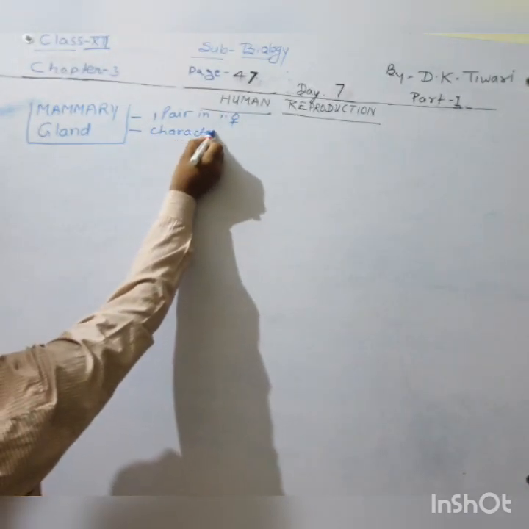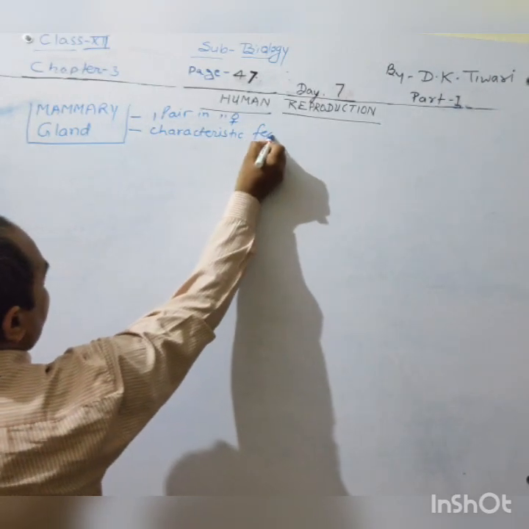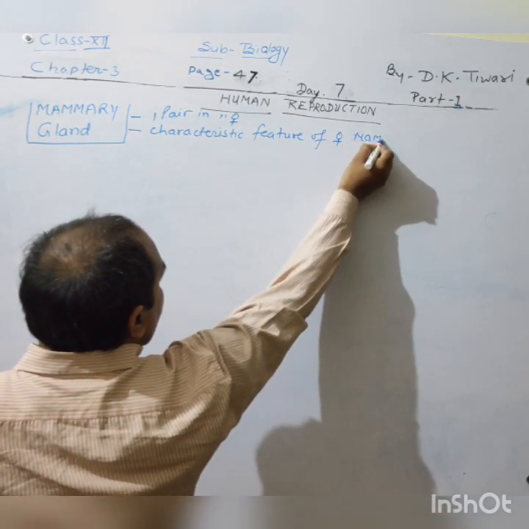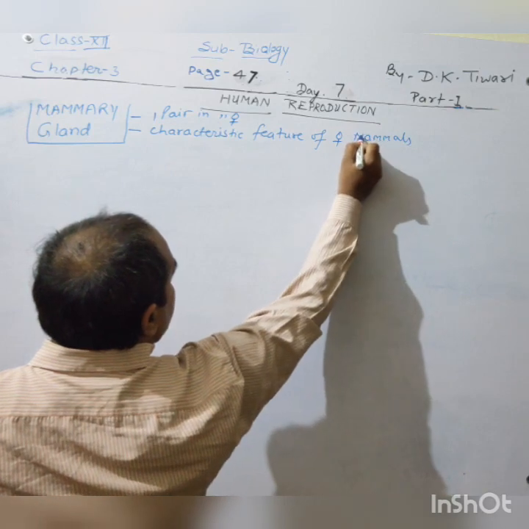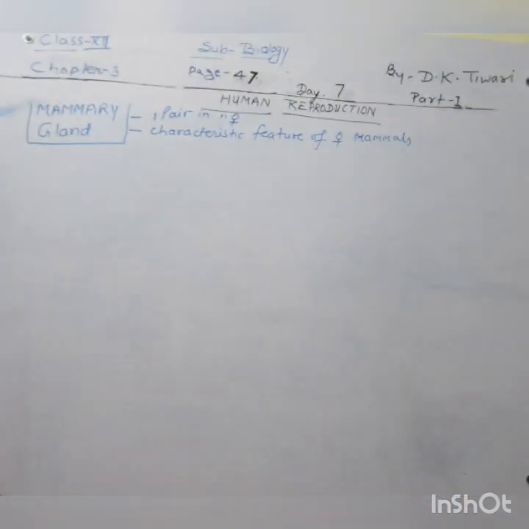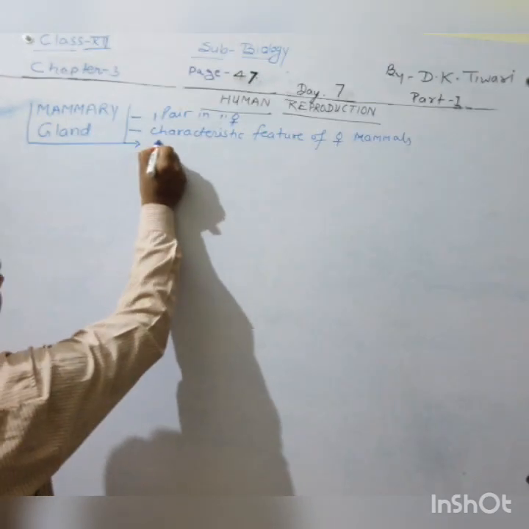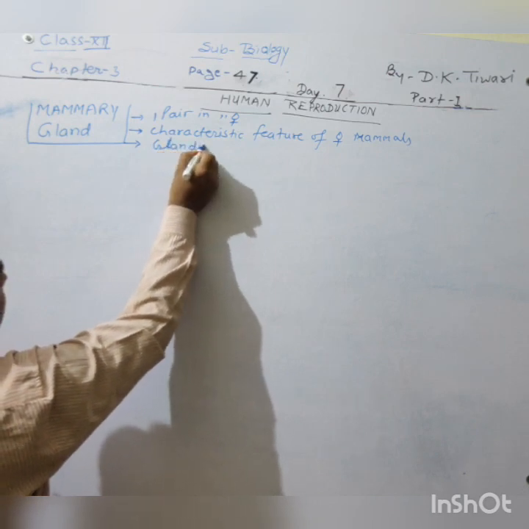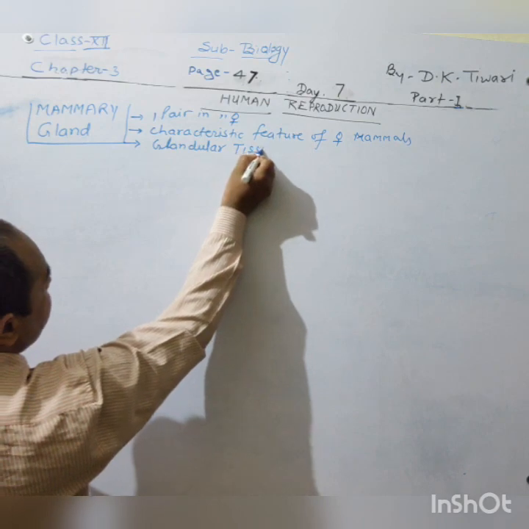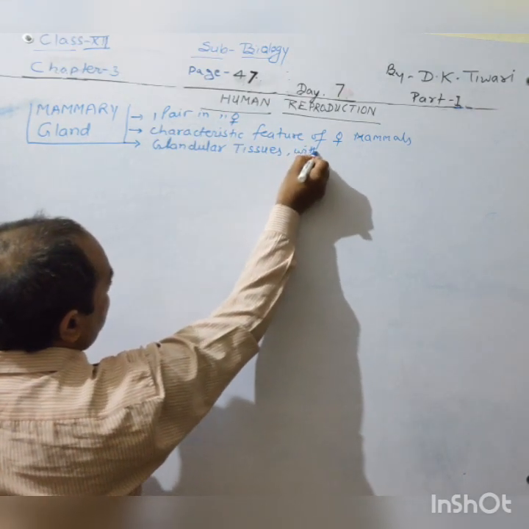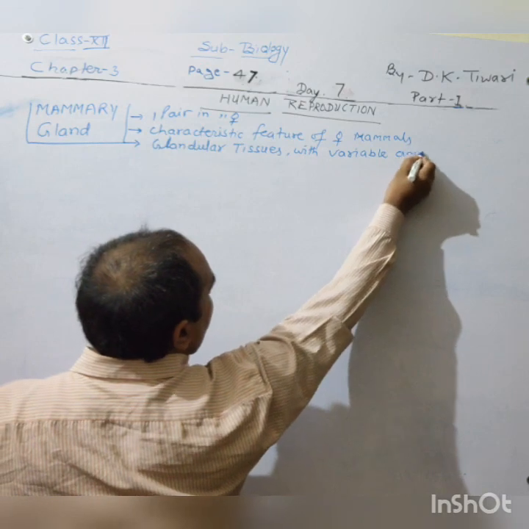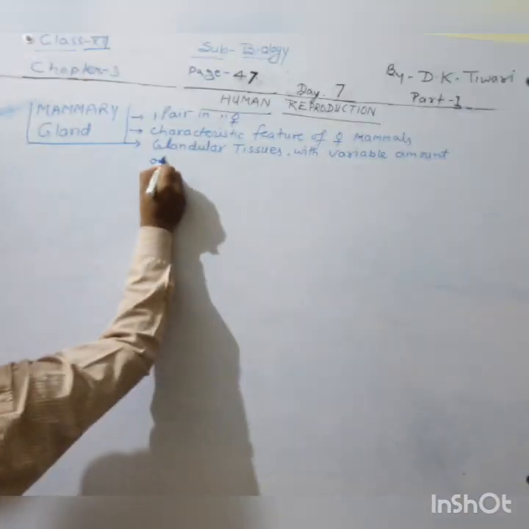So it is the characteristic feature of female mammals, and these are glandular tissues with a variable amount of fat.